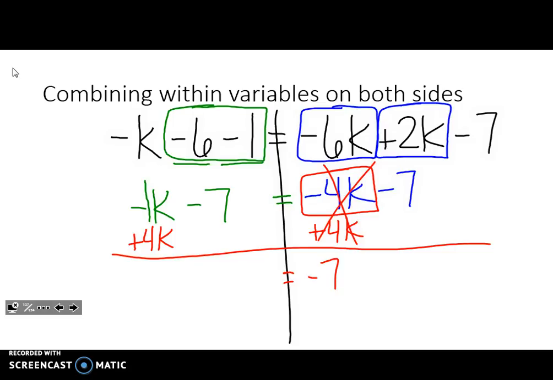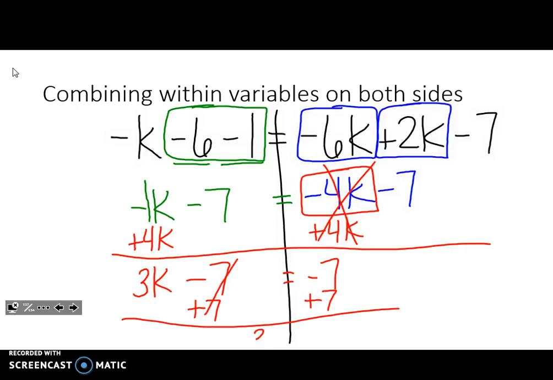Negative 1k plus 4k is a positive 3k, and then I still have minus 7. All right, now it's a two-step equation. So I'm going to add this 7 to the other side. I get 3k equals 0. And then I'm going to divide the 3 to the other side. 0 divided by 3 is 0.